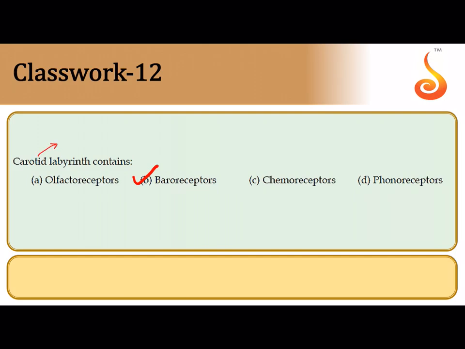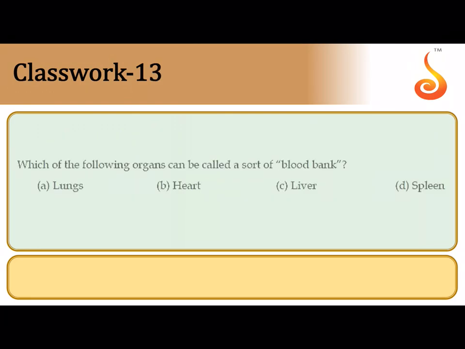Carotid labyrinth refers to the carotid sinus, present in one of the major arteries of your neck, the internal carotid. At the point where the carotid bifurcates, at the base of the internal carotid, you can find this sinus, which is richly supplied with receptors very sensitive to blood pressure.